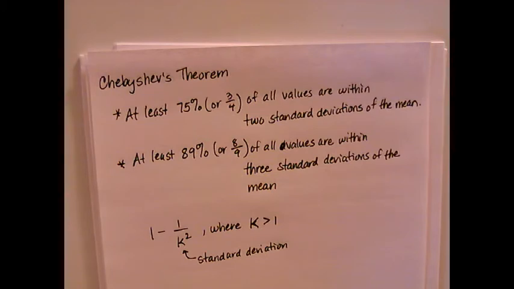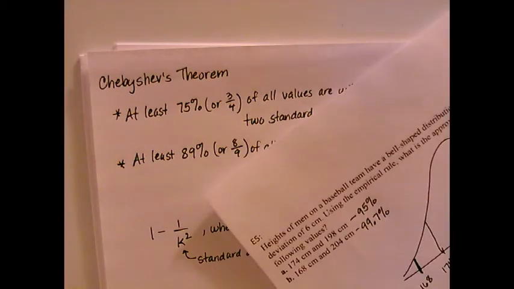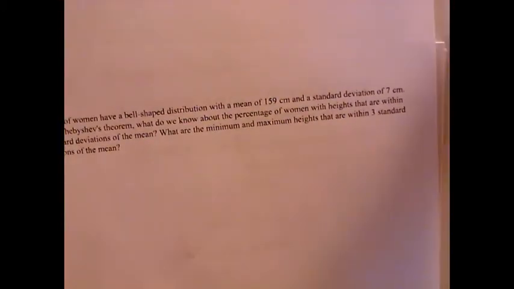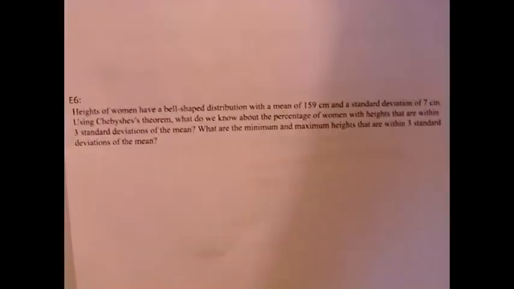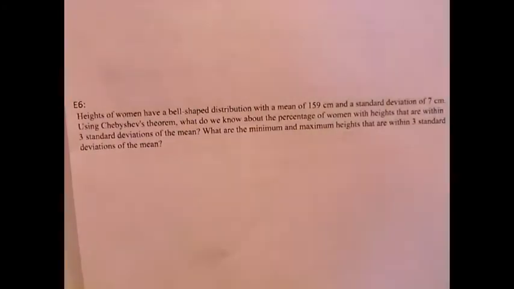Okay. So here is one example where we apply Chebyshev's Theorem to a situation like this. Now here we're dealing with heights of women having a bell-shaped distribution with a mean of 159 centimeters and a standard deviation of 7.